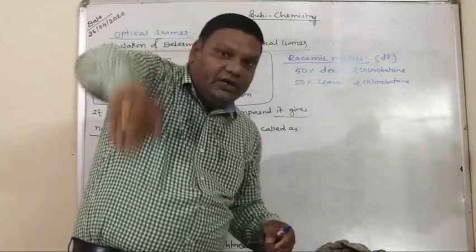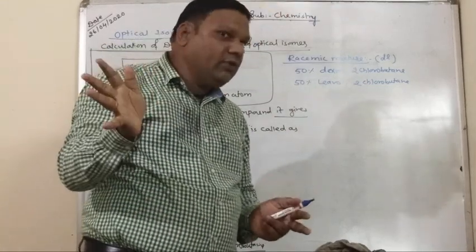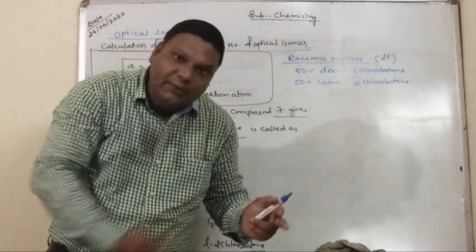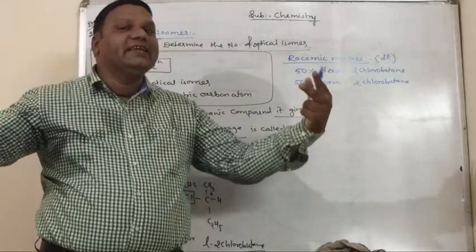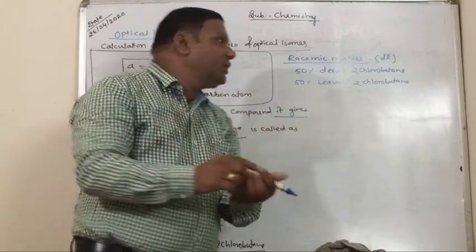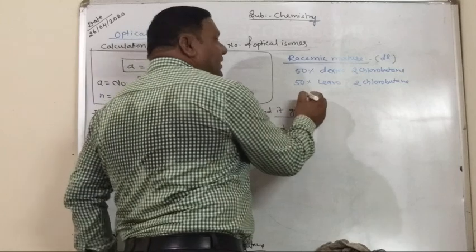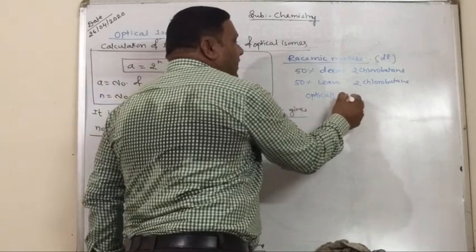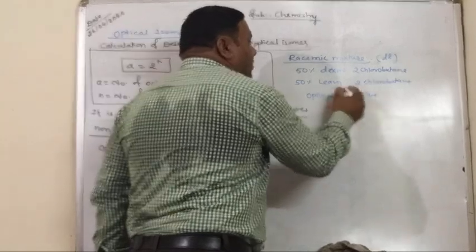Since they rotate in equal proportion, 50% clockwise and 50% anti-clockwise, they are easily cancelled with each other, and the overall mixture is optically inactive. How is it optically inactive?